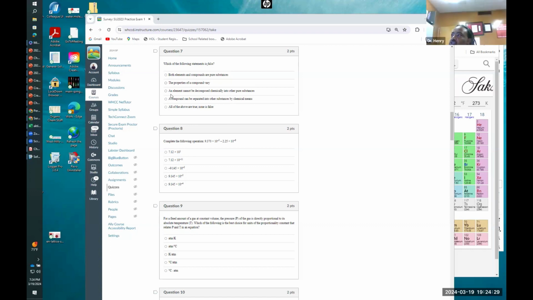C says an element cannot be decomposed chemically, not nuclearly, chemically, into other pure substances. A compound can be separated into other substances by chemical means. Chemically, can't we break down a compound, for instance water, to oxygen and hydrogen? Yes. So then what do you guys think the answer is? So it's all of the above.